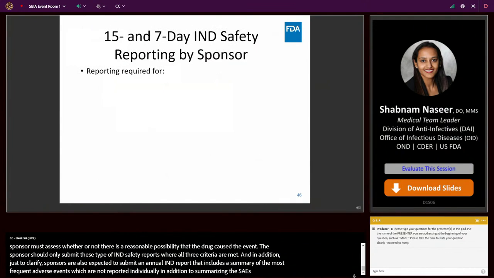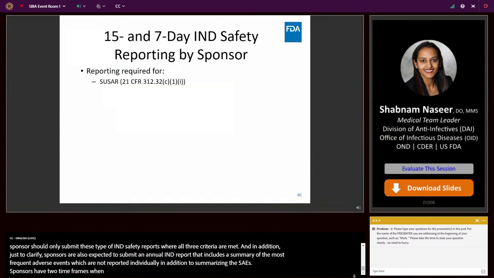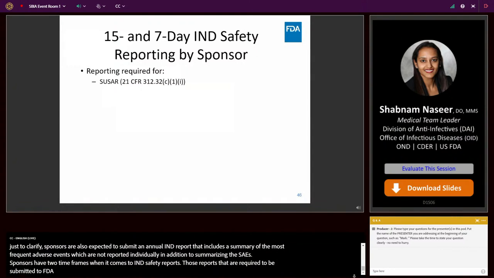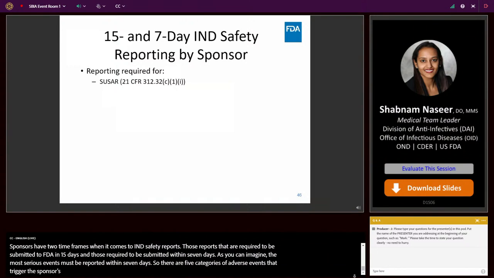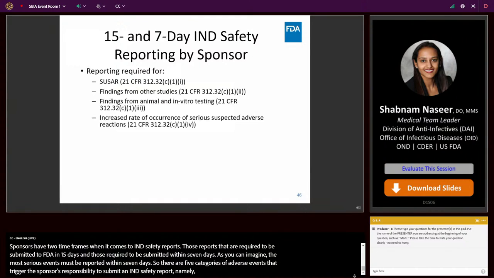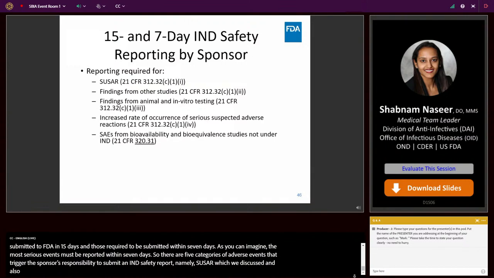Sponsors have 2 timeframes when it comes to IND safety reports. Those reports that are required to be submitted to FDA in 15 days and those required to be submitted within 7 days. As you can imagine, the most serious events must be reported within 7 days. So there are 5 categories of adverse events that trigger the sponsor's responsibility to submit an IND safety report, namely SUSAR, which we just discussed, and then also other criteria as noted here, and the CFRs are listed there for your reference as well.